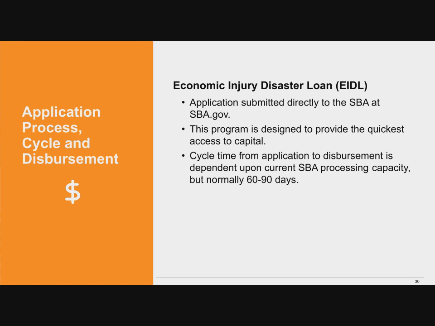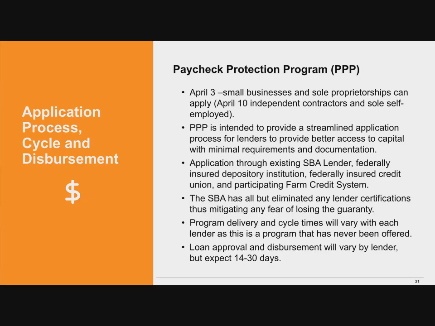Absolutely. Okay, let's move on to the Paycheck Protection Program: the application process, cycle, and disbursement. That's the million-dollar question. Number one, we know that we're going to roll this out Friday, assuming that we're going to get some more direction from Treasury and the SBA. And so everyone's lining up, everyone's preparing loan documents, what they think is going to be required. All we have here today is application 2483, and then the supporting documentation relative to payroll.